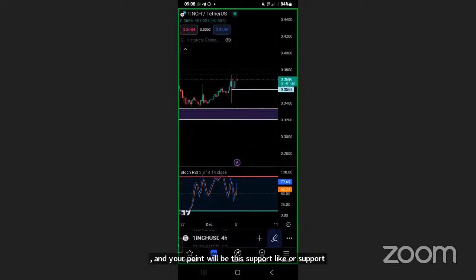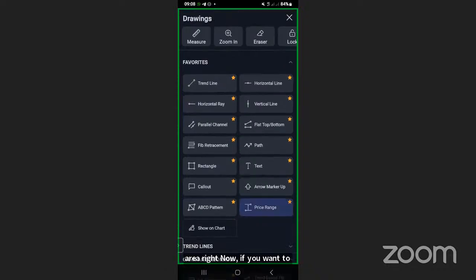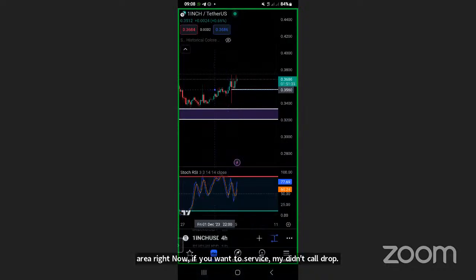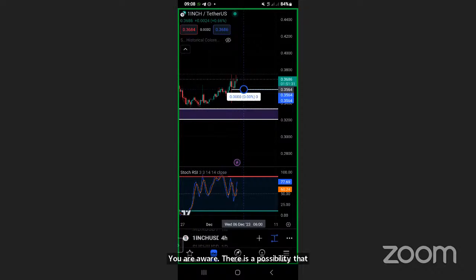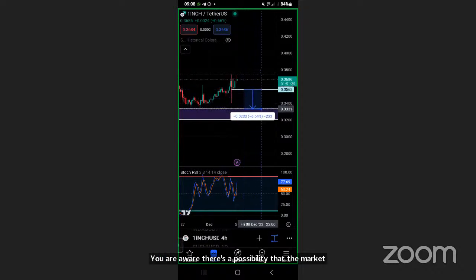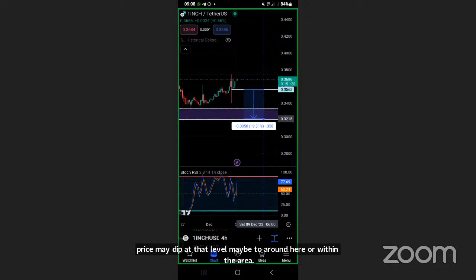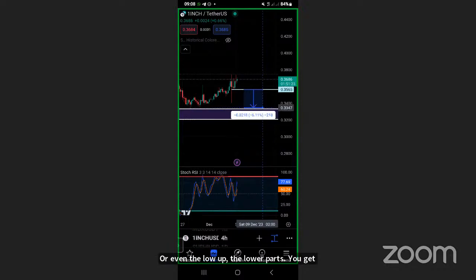Now, if you want to establish margin call drops, you are aware the market price may dip past that level, maybe to around here, or within the area, or even the lower part. You get that? It may come close to your support area, it may be on the upper part of the support area, it may be within the support area, or it may be at the lower part of the support, whatever you've drawn.